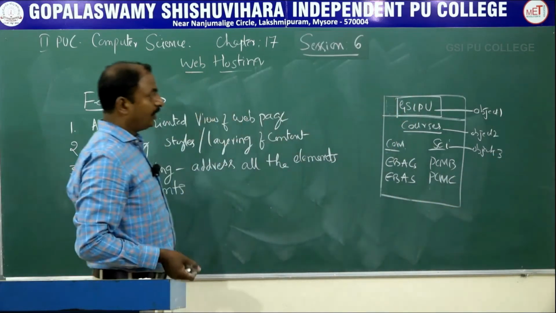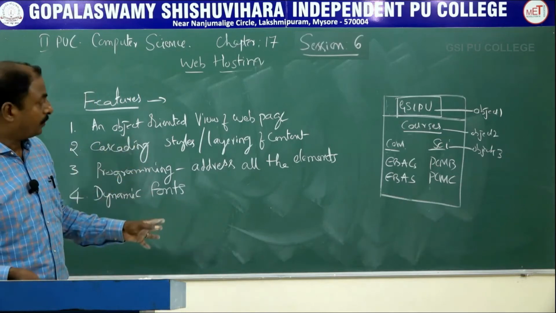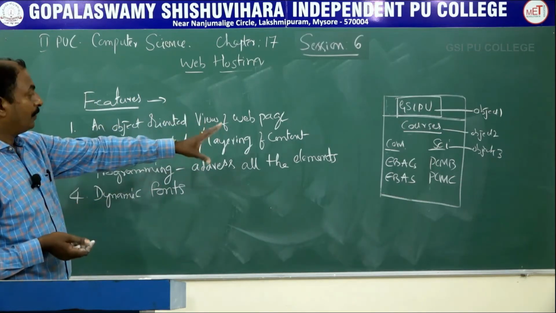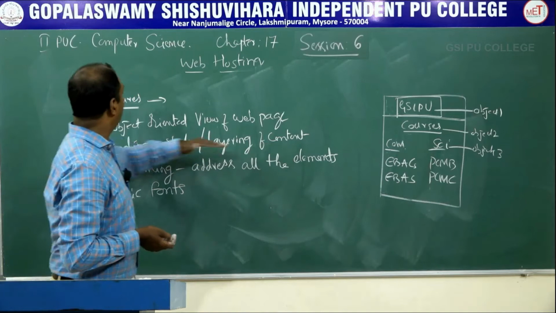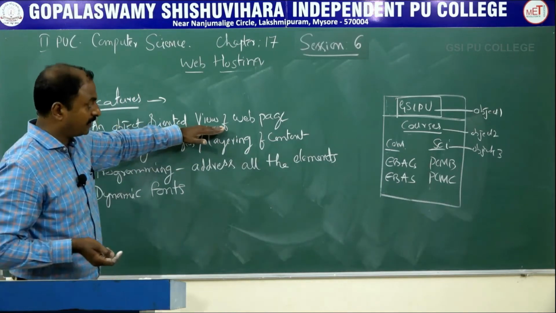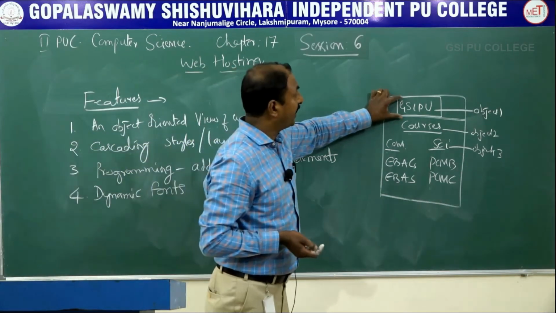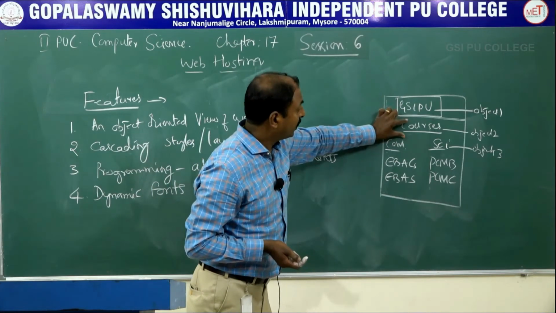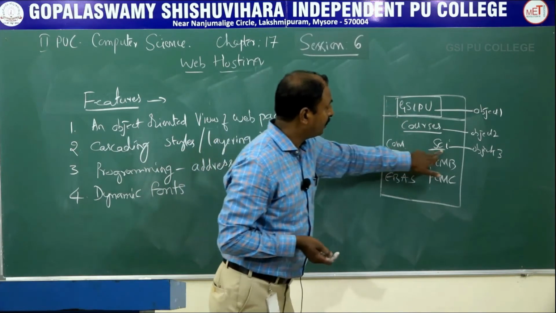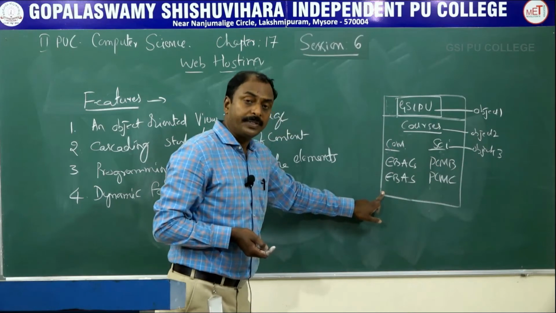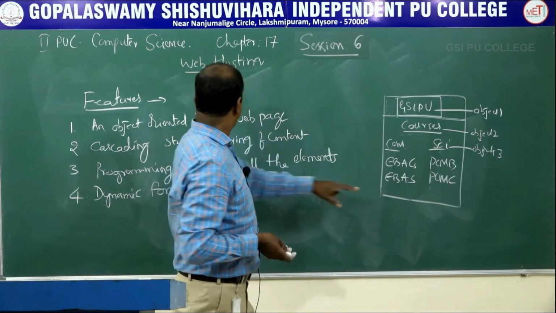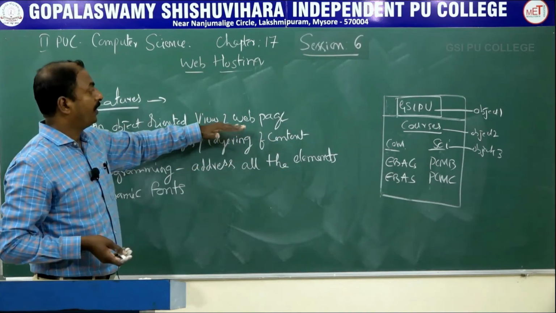So whenever we are developing a website, our website can be viewed in an object oriented view. The meaning is that we are treating this as one object, second object, next object. These are all different objects. So this is the meaning of an object oriented view.